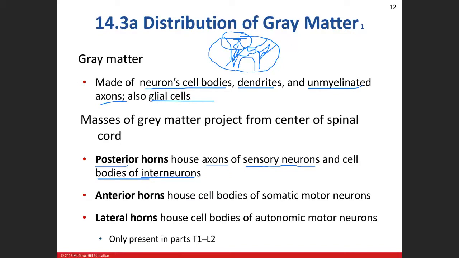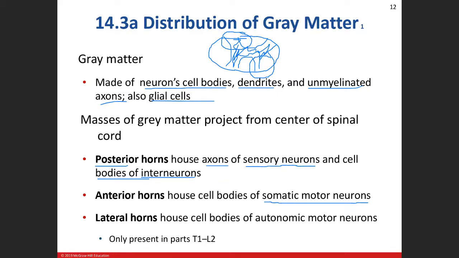Then we have the anterior horn right up here in the front. This is very important that you know this: the cell bodies of the somatic motor neurons. Somatic means we have voluntary control over those neurons.